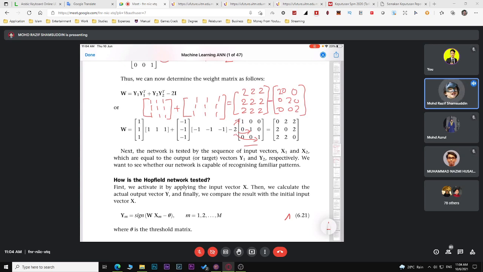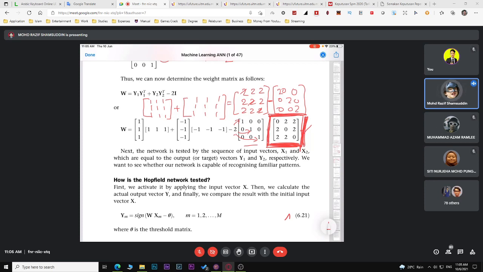So when we subtract, we get this. Did you get the answer? Do you know how to get the answer here? Yes. Okay, this is the final weight.